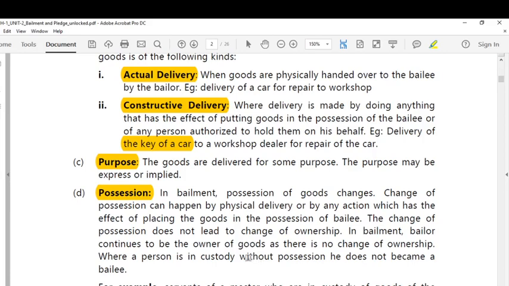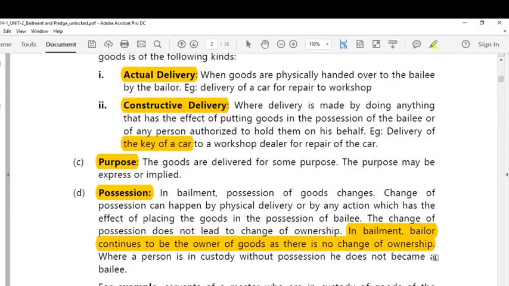The change of possession does not lead to change of ownership. In bailment, the bailor continues to be the owner of goods as there is no change in ownership. This point students have to remember.